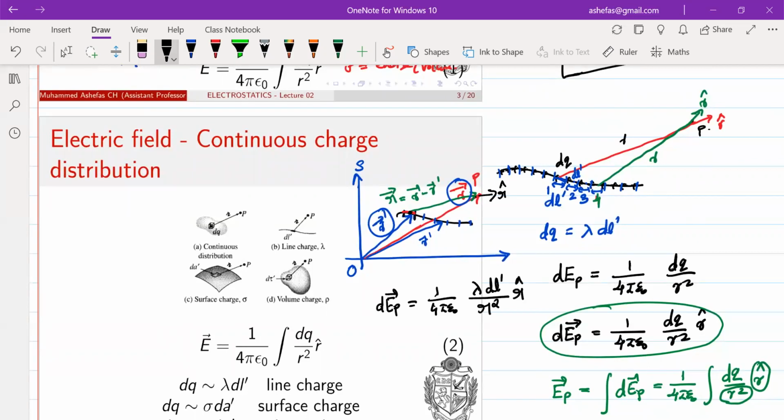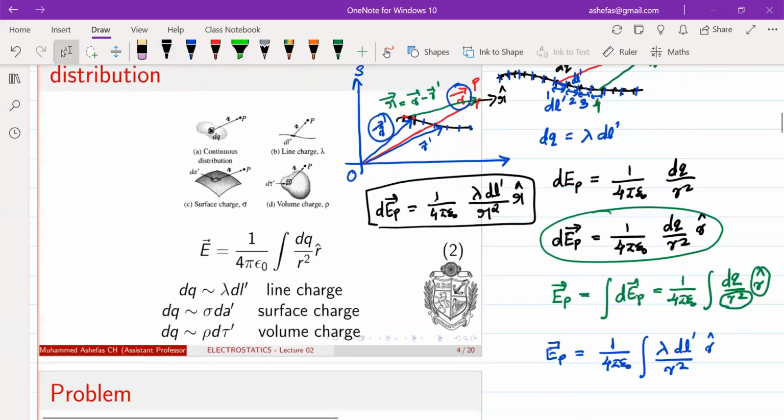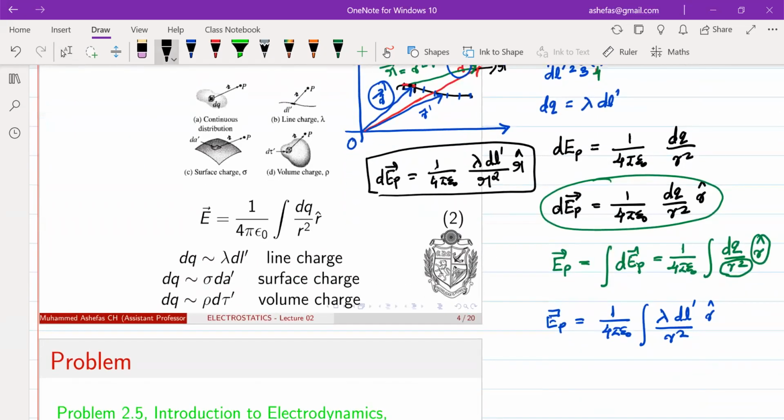This is the expression for the electric field produced by the small segment, and therefore the total electric field would be the integral of this expression. So the total electric field I can write as E_P equal to 1 by 4 pi epsilon 0 integral lambda dl prime divided by script r square, r cap.